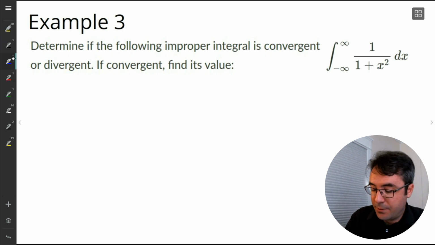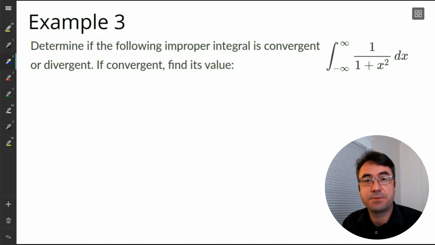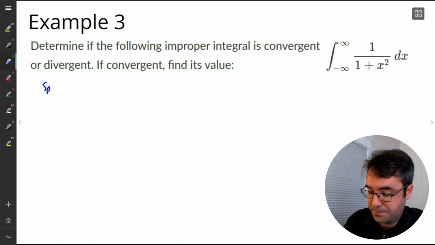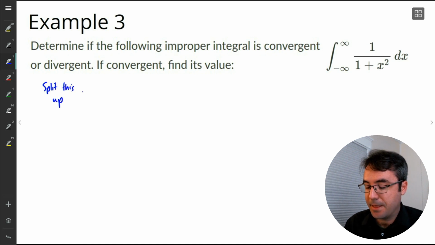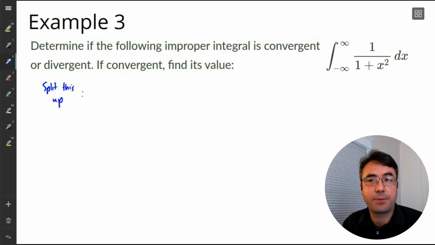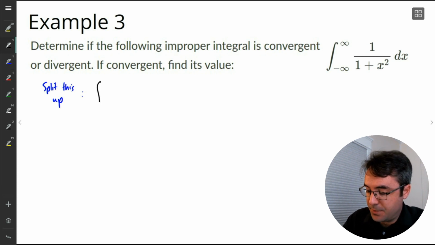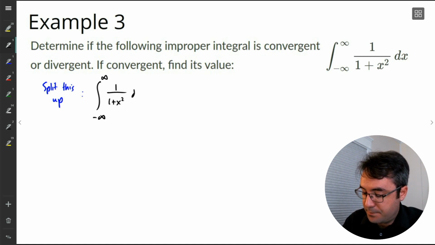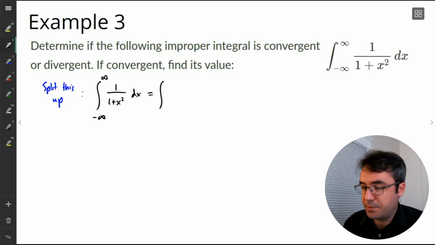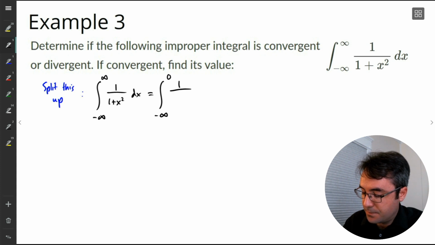And so the way we do this is we first split this up into our left and our right improper integrals. And we have some flexibility over how we want to do that. 0 is usually a good place to split things up. So we're going to do the integral from minus infinity to 0 of 1 over 1 plus x squared, and then we'll also look at the integral from 0 to infinity of 1 over 1 plus x squared.